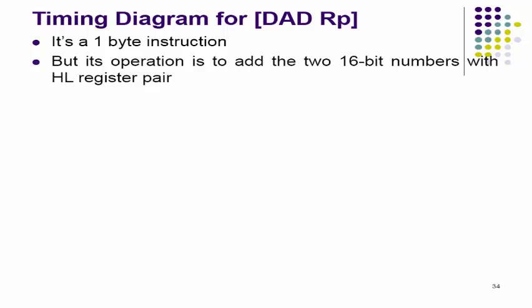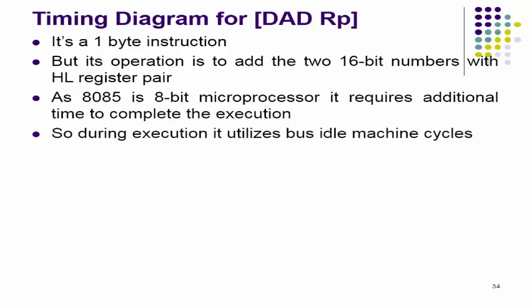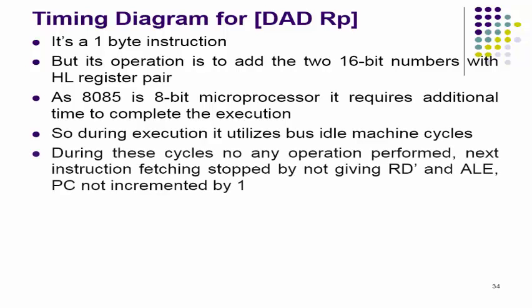For example, if I say DAD B, B means the BC pair, so the HL plus BC register pair contents get added, and the result we get in the HL register pair itself. As I said, the 8085 is an 8-bit microprocessor, so it requires additional time to complete the execution. During the execution it utilizes bus idle machine cycles.